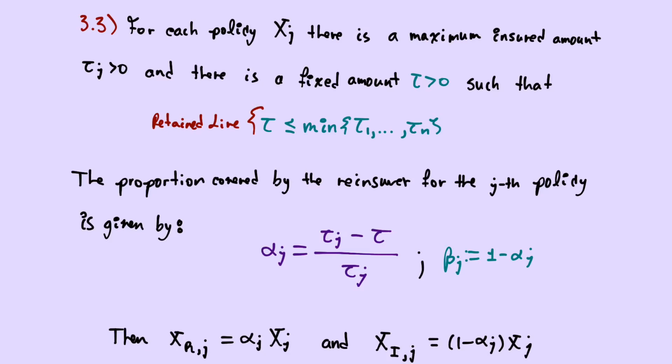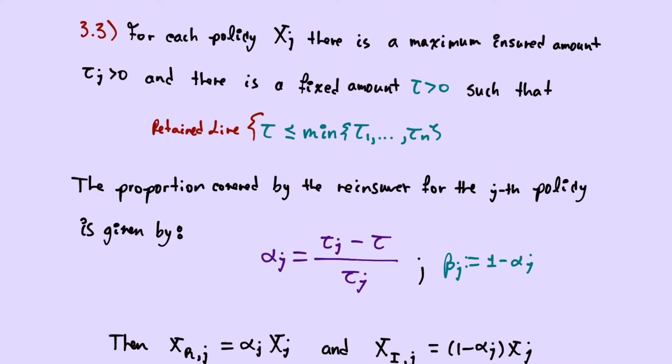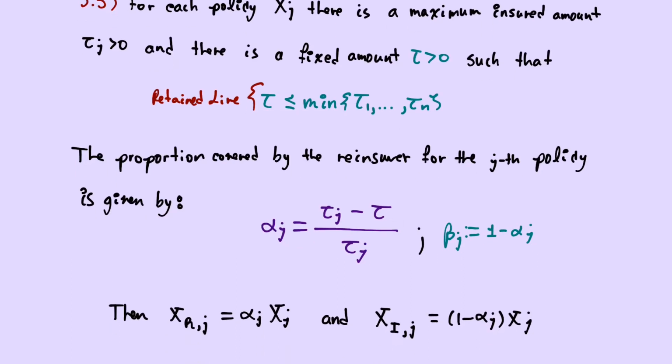First you check by how much the maximum insured amount of a specific policy exceeds the value of tau you have chosen, and then you consider the proportion that difference represents. You do that by dividing by tau_j, and it has to be tau_j, because this changes for another specific policy. For each policy you get a number between 0 and 1.